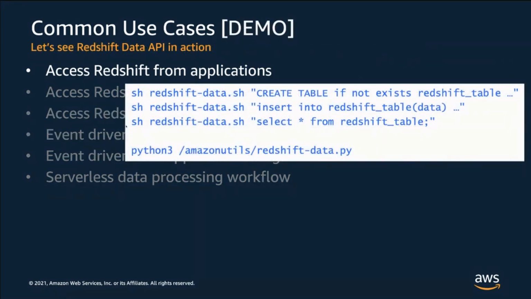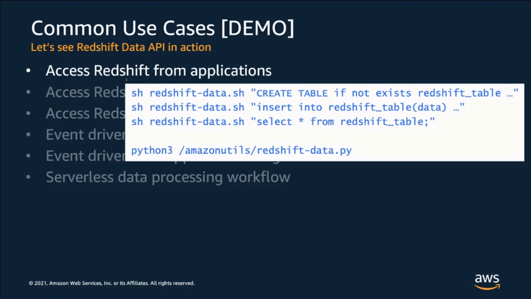Now, let's move to the demo part, where I'll be showing you a working example for these use cases. The first one is how to simplify data access from your applications. Say your application is hosted on an Amazon EC2 server, which I'll be logging in shortly.